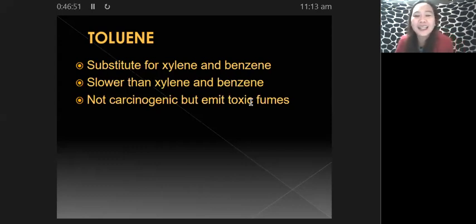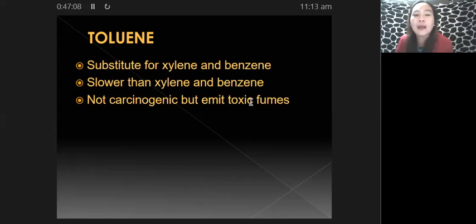All right, so what is the use of your toluene in histopath? Your toluene is utilized as a substitute for xylene and benzene.